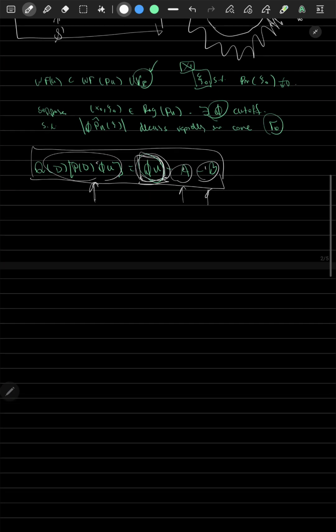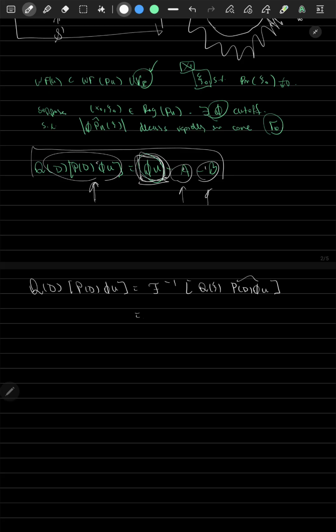So to get this expression, we just write down this, which by definition is equal to F^-1 of Q(xi) times the Fourier transform of this, which is equal to F^-1 of this, and then over there we have 1 over p hat.